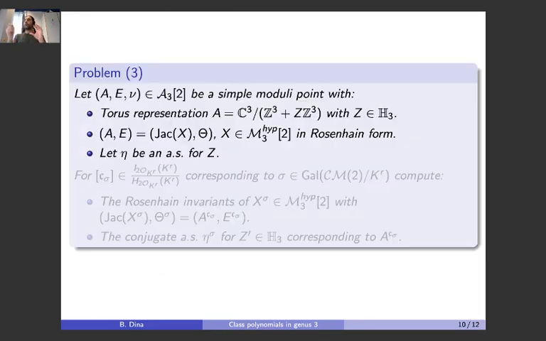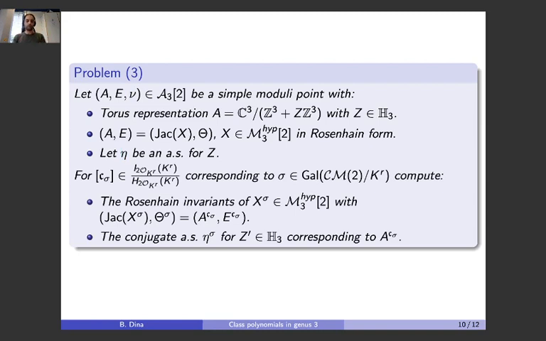Knowing now a way how to act on principally polarized abelian varieties, our third problem is stated as follows: having now a moduli point, which is a hyperelliptic point, for a point in this space of hyperelliptic curves of genus 3 with the level 2 structure, that means with this symplectic isomorphism on its Jacobian, and with the eta map, the fundamental theta characteristic system, for the period matrix Z, which will encode somehow the symplectic isomorphism.